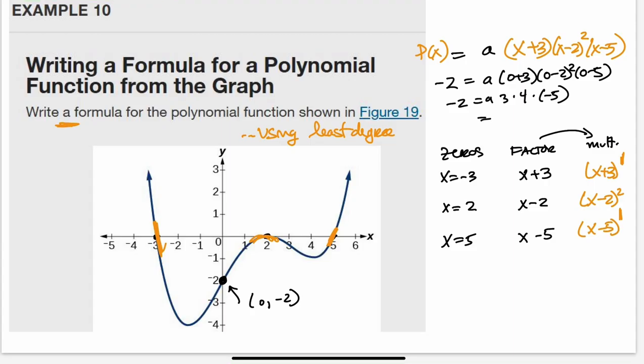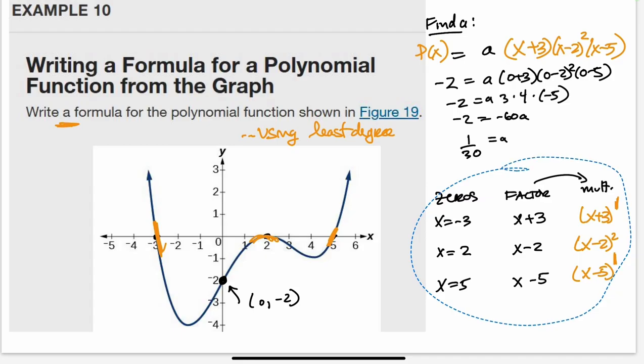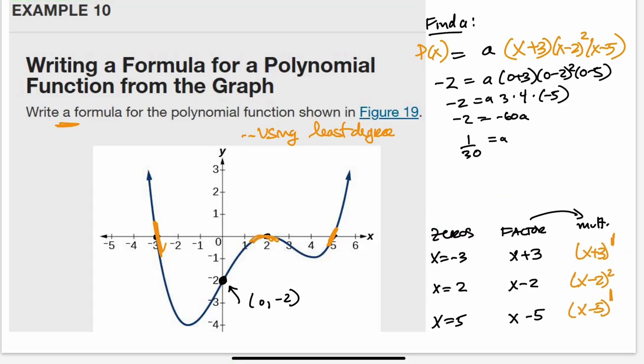So negative 60a is equal to negative 2. Now I need to find a, and this is going to give you 1/30th. So P of x is equal to 1/30th times x plus 3, x minus 2 squared, and x minus 5 would be my final answer.